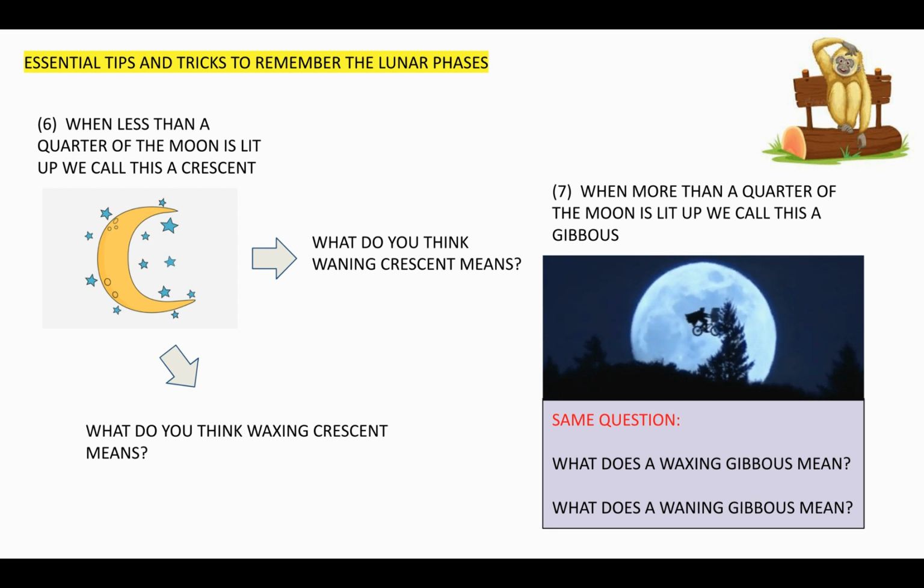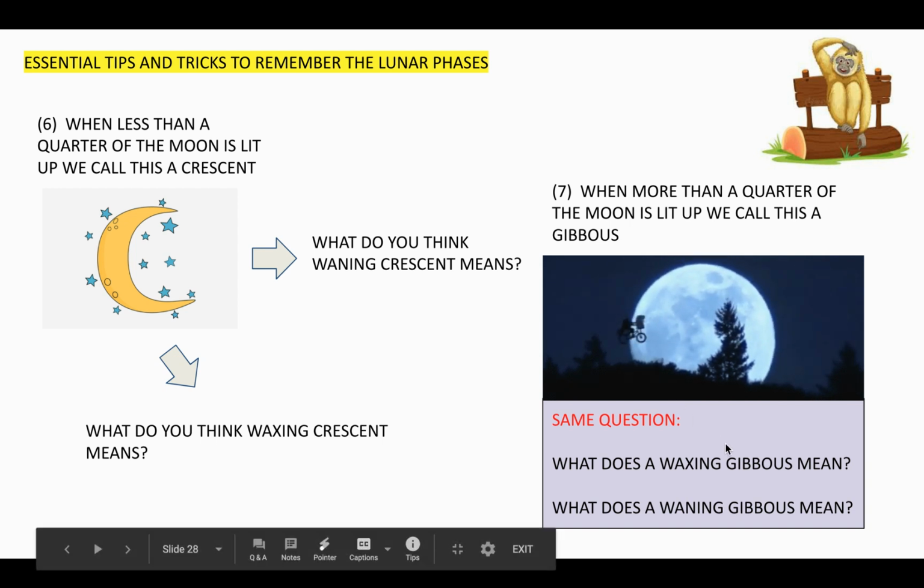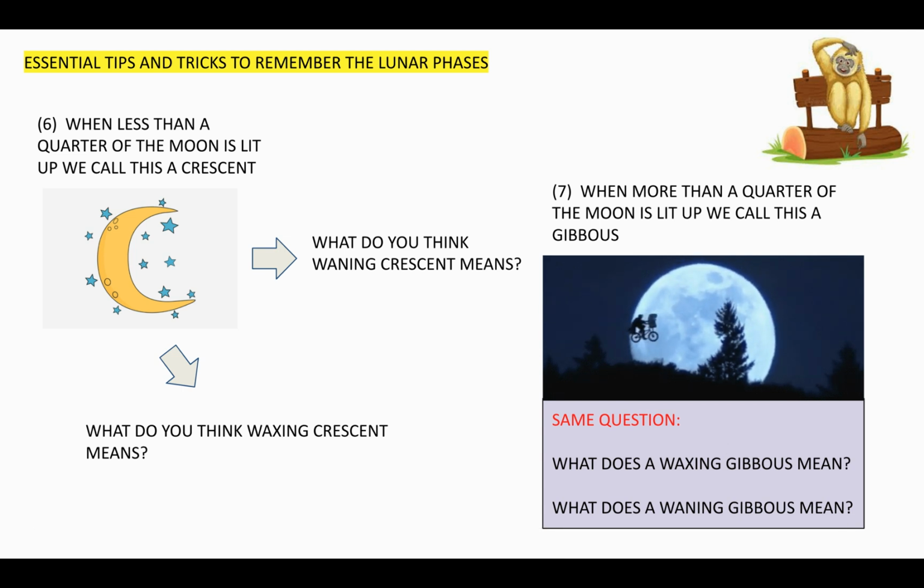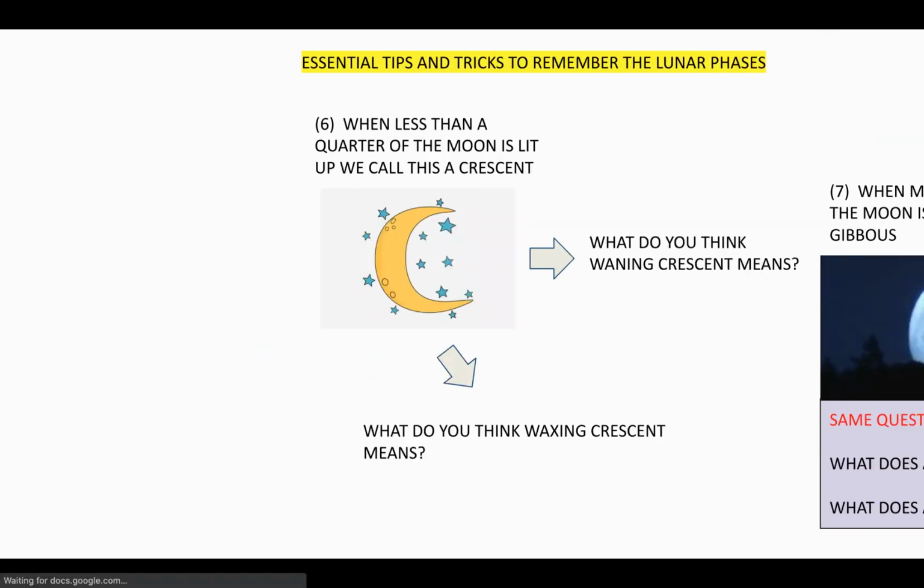So more than a half would be a gibbous moon. If I had one side which was basically bigger than the other half of this, then that would be considered gibbous. A waxing gibbous means that it is getting bigger, so it's growing in size, and the waning again means that it's getting less bright.